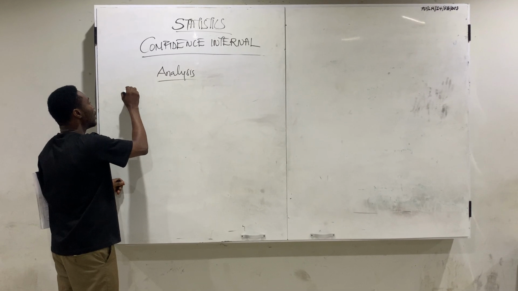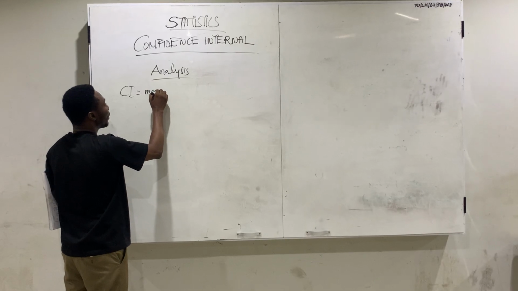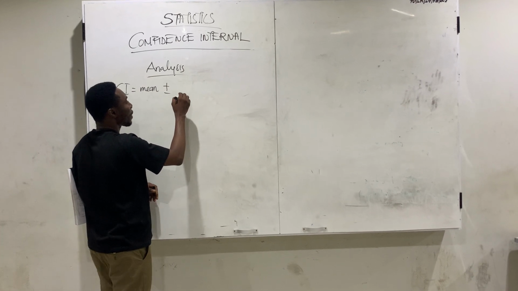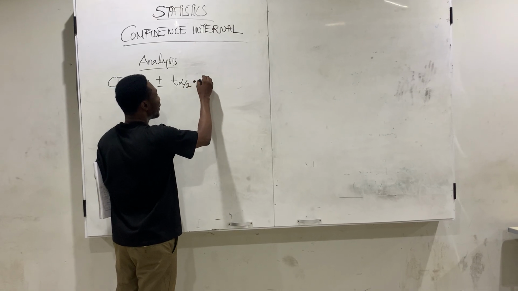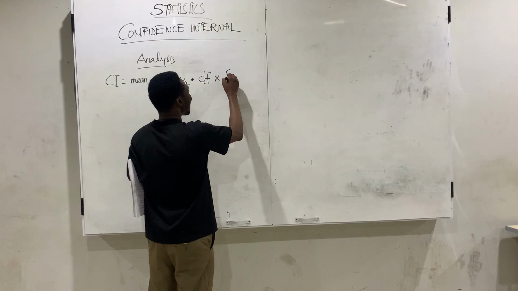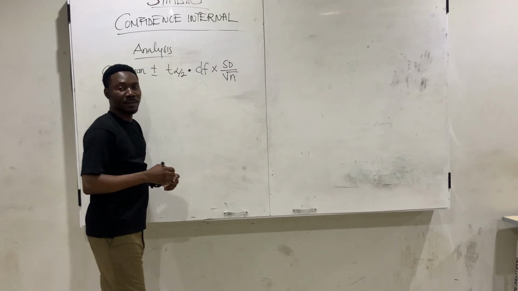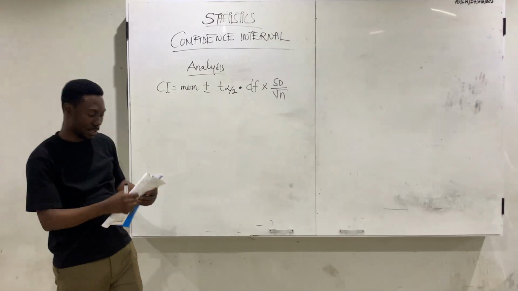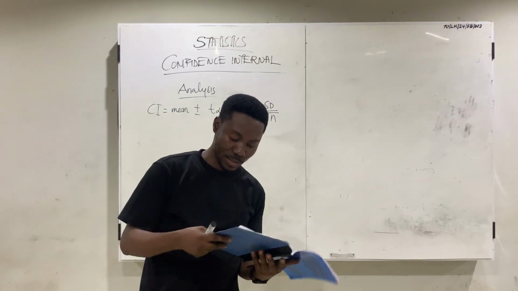So mean CI is equal to mean plus or minus T alpha over 2 by df multiplied by standard deviation all over square root of n. Okay, so let's take our first question for the t-distribution.